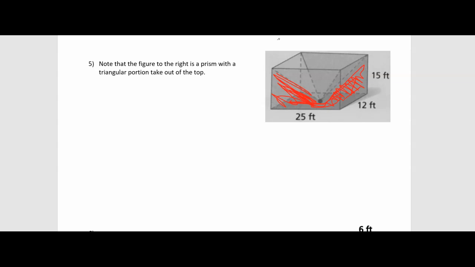All right, first thing I'm going to do is find the volume of the entire prism. I keep saying square, it's not. Rectangular pyramid being taken out. So volume of the prism is equal to big B times h.